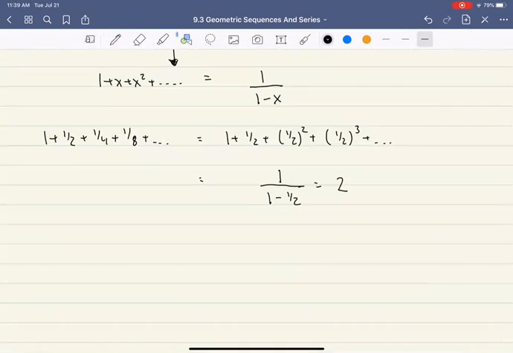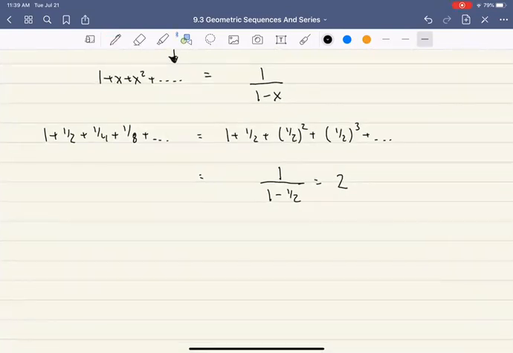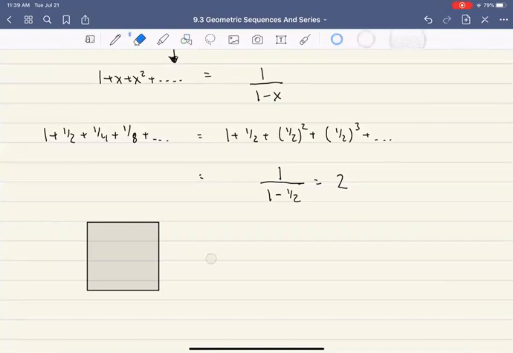Now, the reason I chose this one is this one actually has a nice graphical representation that we can use. Okay, so let's imagine we have a couple of boxes. Take 2 of them. Okay, and we're going to represent the sum by filling in the boxes.